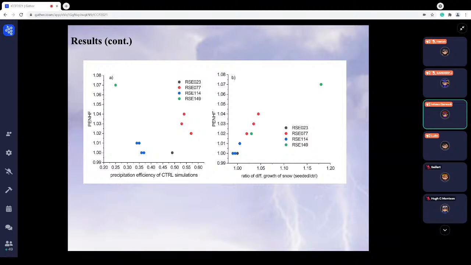And that gives the largest efficiency of the precipitation enhancement. So this figure tells us that the enhancement of the diffusional growth of the snow has a strong relation with the precipitation and the efficiency of the precipitation enhancement.